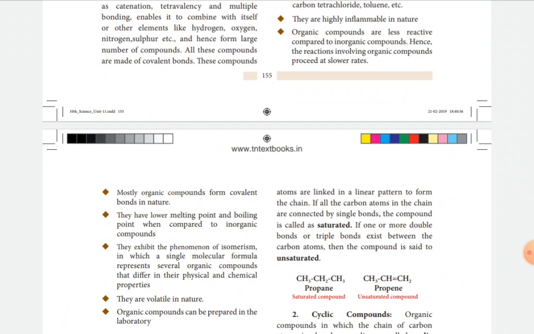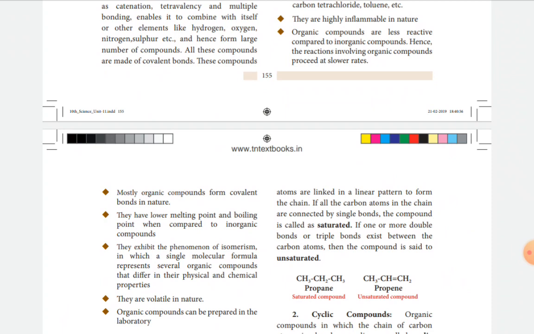There are different types of covalent bond: single bond, double bond, triple bond. A single bond means sharing one pair of electrons. A double bond means sharing two pairs of electrons. A triple bond means sharing three pairs of electrons.